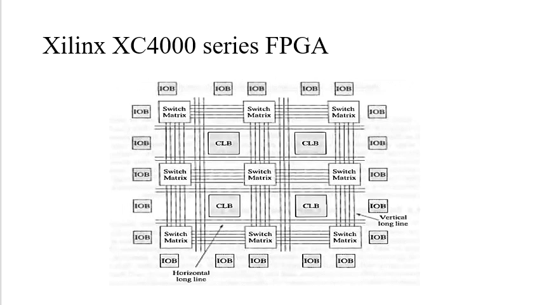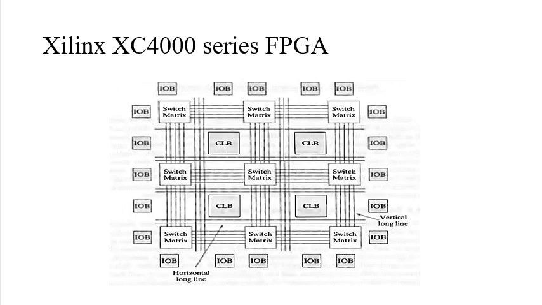The IOB is the input and output block, with input and output pins. The switch matrix determines how signals are routed between the CLBs with respect to the IOB. The switch matrix handles those conditions.